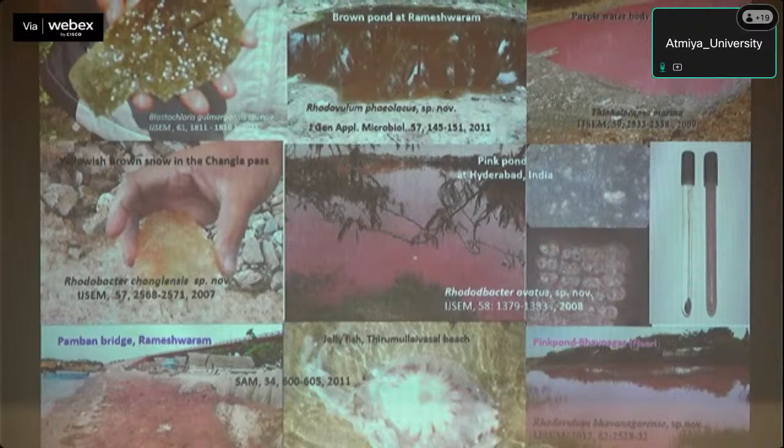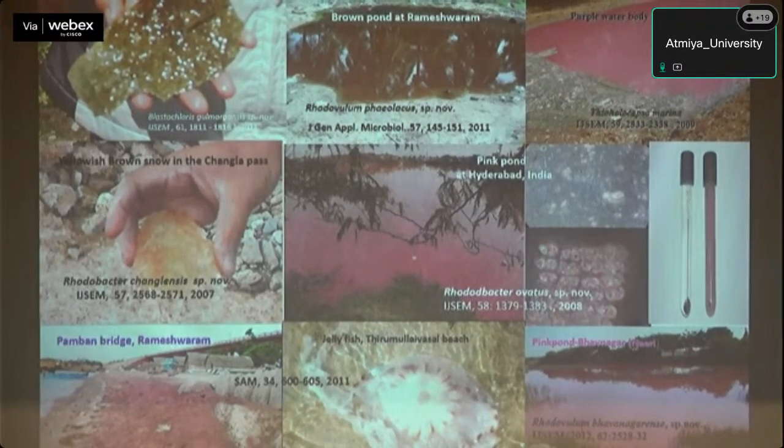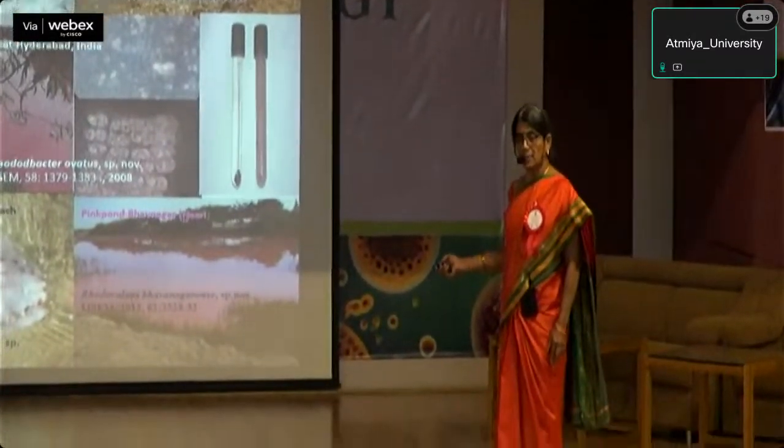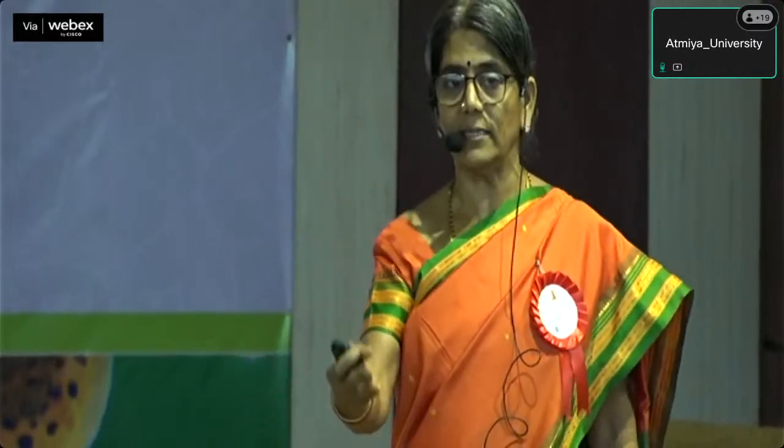The moment I saw this, I knew these are anoxygenic phototrophic bacteria, the Rhodobacter, Rhodopseudomonas kind of organisms. And then we started collecting samples there, and the local people came and asked, why are you collecting samples?